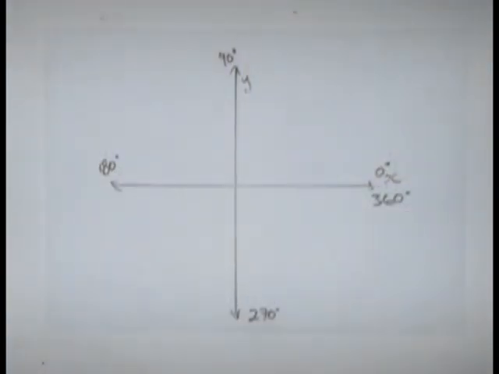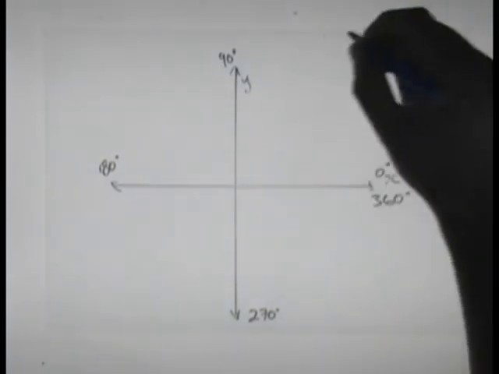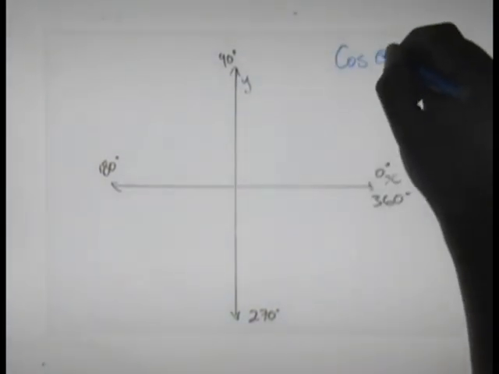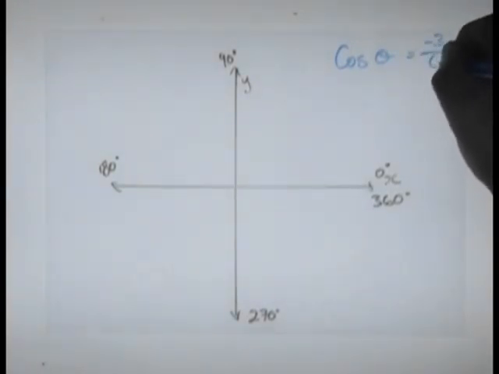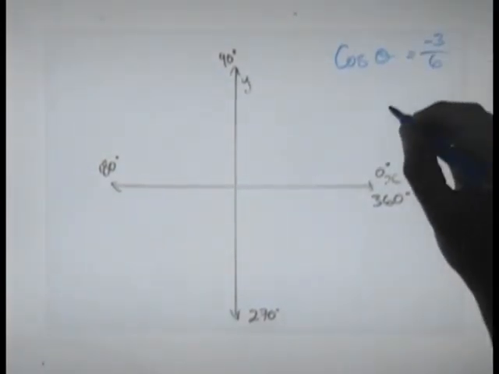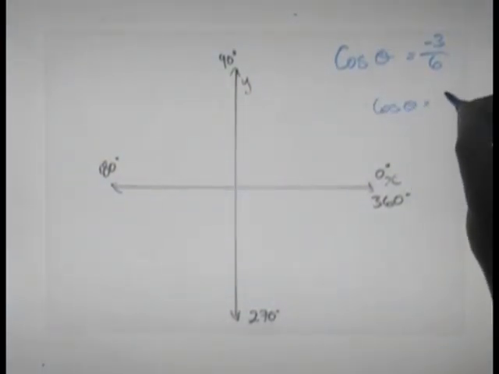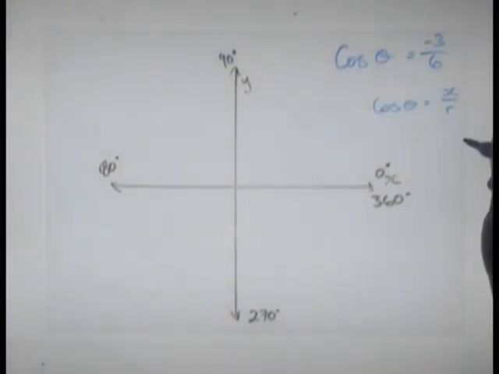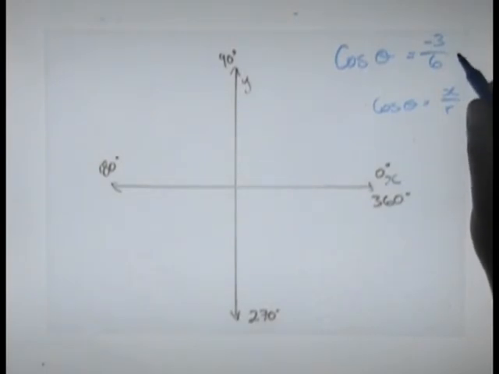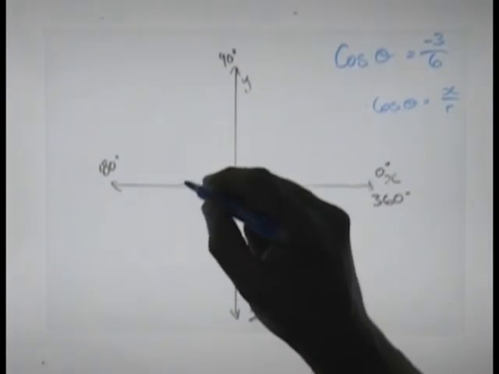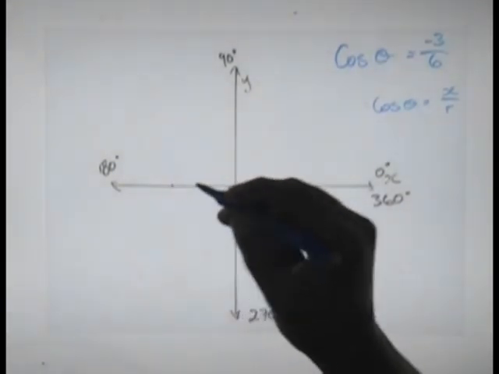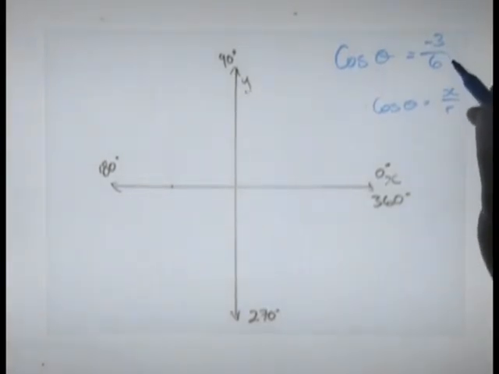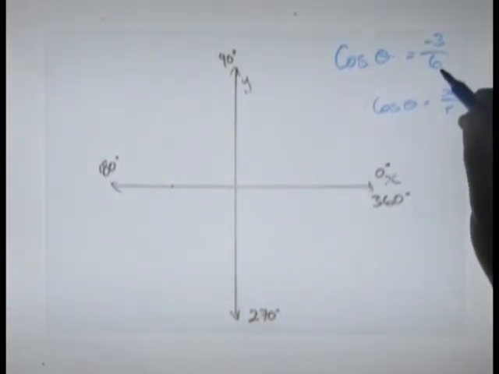The next one I gave you to do said that cos of theta is equal to negative 3 over 6. Now remember, cos is the function x over r. So we are looking for the x coordinate negative 3, which is over here, negative 3, and the r value of 6.